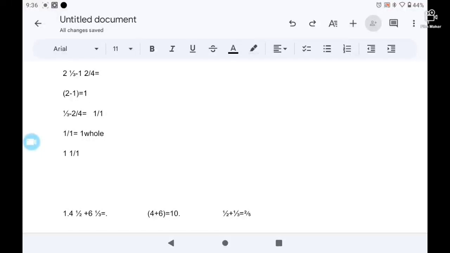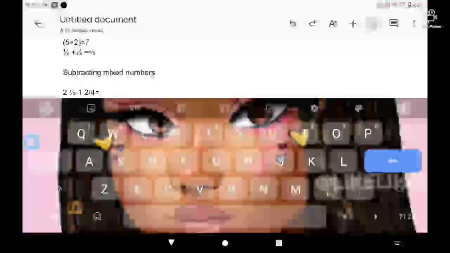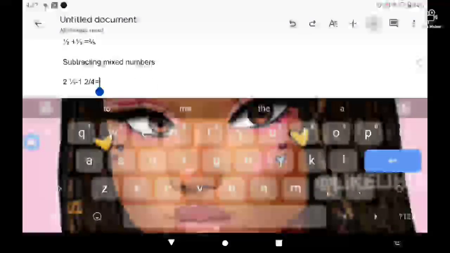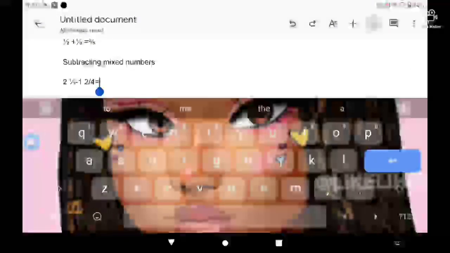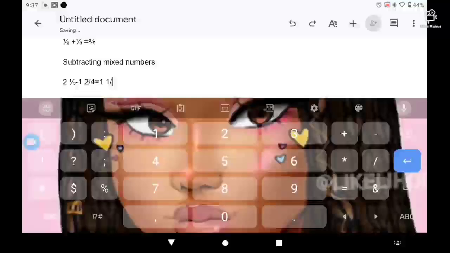So our answer would be 1 and 1/1, which is equal to a whole. Let's write that right here. So we have 1 and 1 over 1.